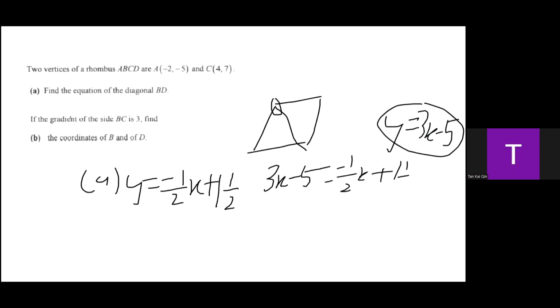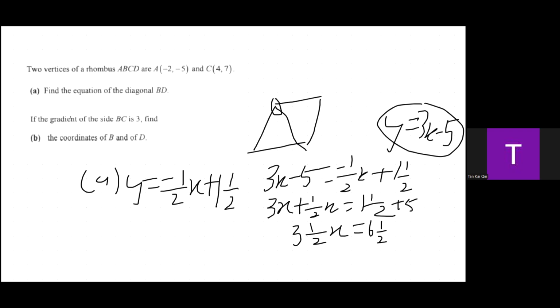Now we can find x by 3x plus 1 over 2x equals 1 with 1 over 2 plus 5. So we get 3 with 1 over 2x equals 6 with 1 over 2.